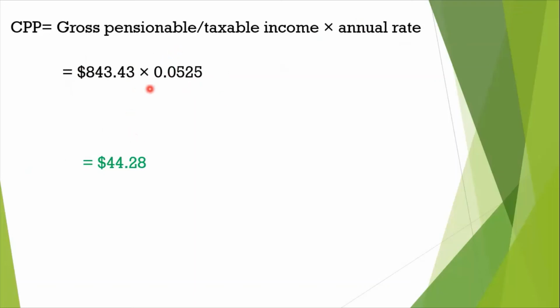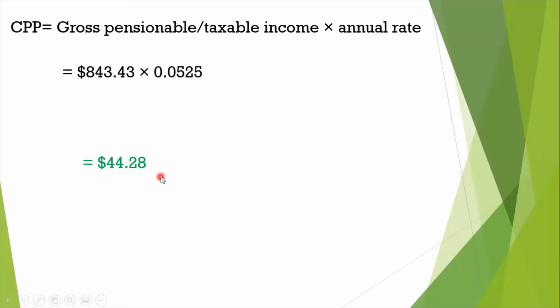You take that times 0.0525 and you get 44.28. That becomes the CPP that they will apply on the overtime amount. So you still have to pay CPP contribution, even if it's an overtime amount. The only thing is that they are not going to subtract the exemption from it if it's paid on a separate paycheck.